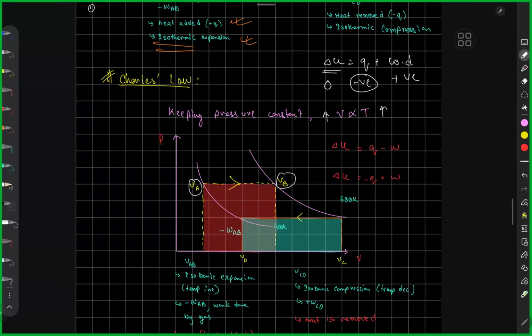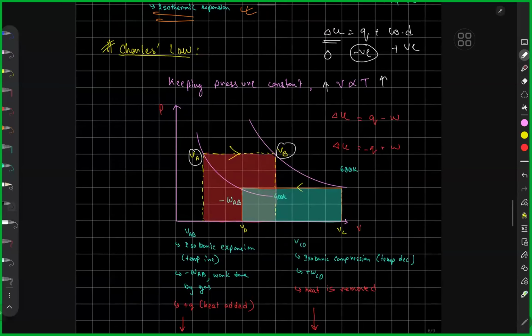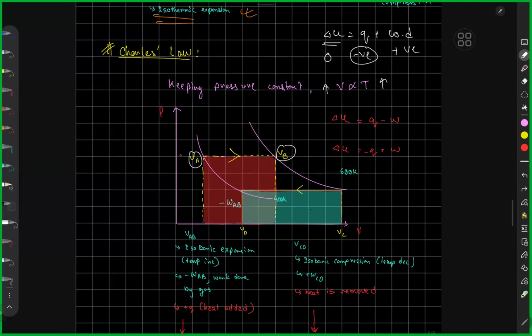Same idea we carry on with a different scenario where pressure is constant. Here, I take pressure P1 and I expand the volume. Pressure remains constant in the system.